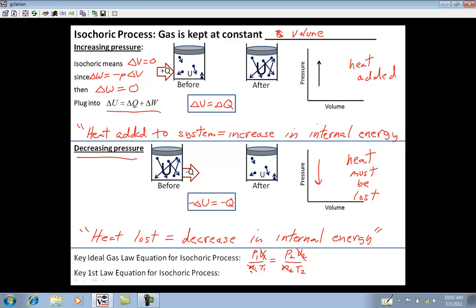And the key first law equation for an isochoric process is delta U equals delta Q. So you have to understand in these problems what they are.